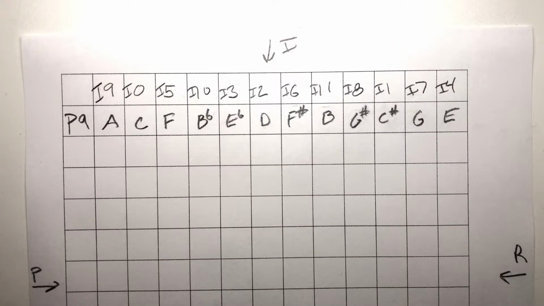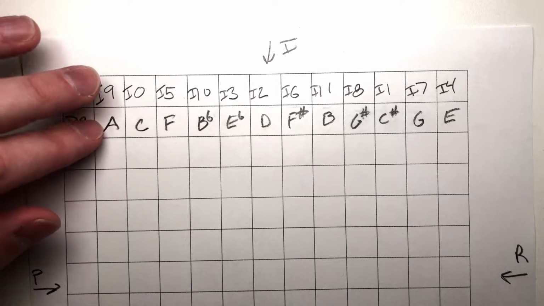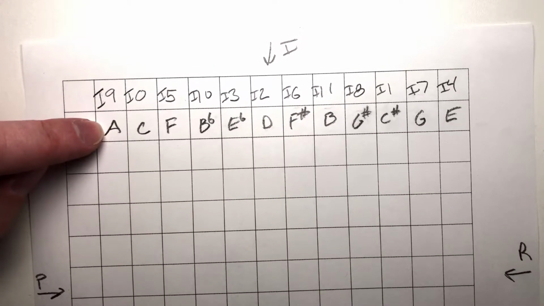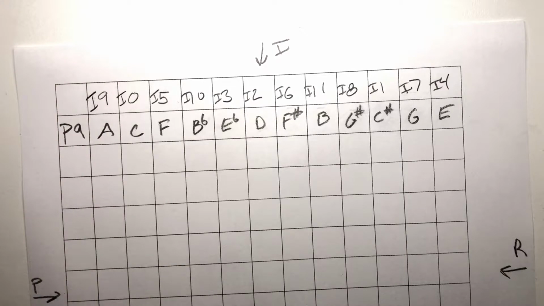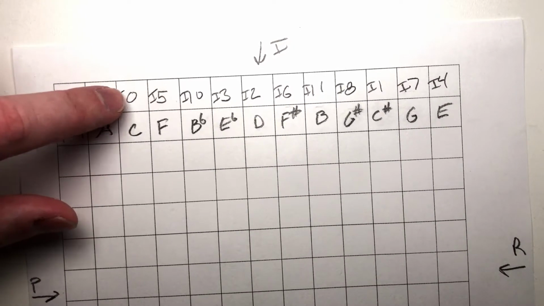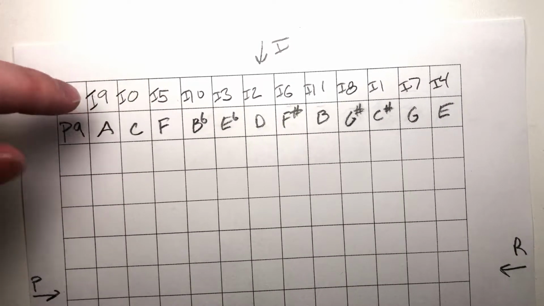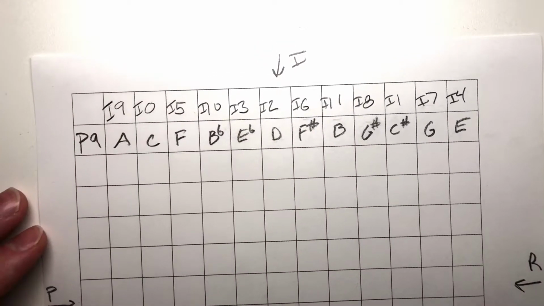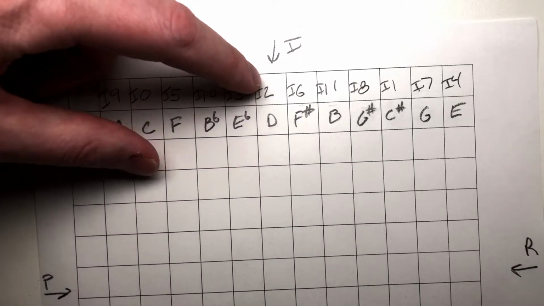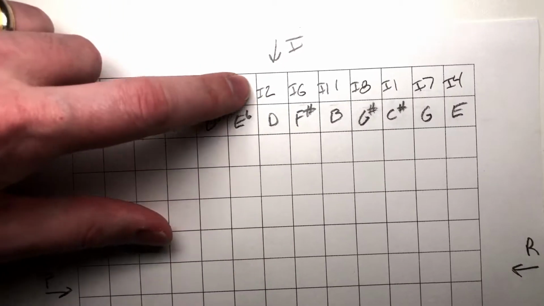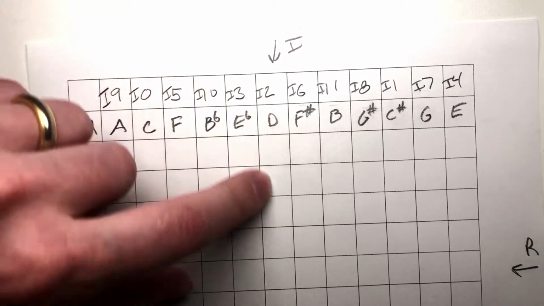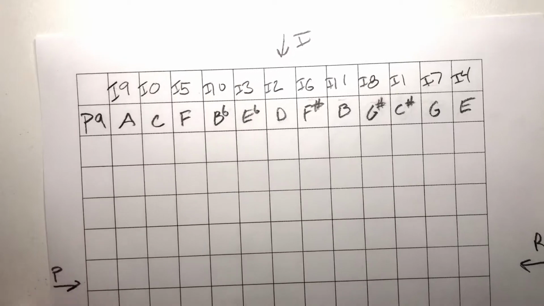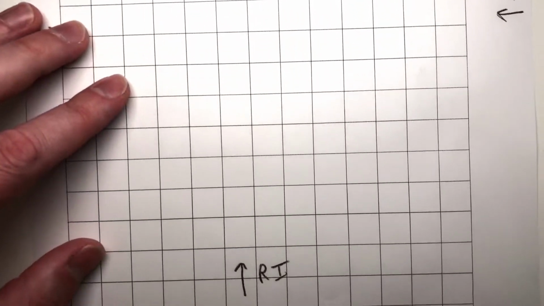Now I've put that first row with the numbers above and the letters below on some graph paper so we can make our matrix. You'll also notice I put some letters in front of the numbers, because I'm going to show you how to read this when we're done. The I means if you read this going down, it's the inversion. And we have P going this way.